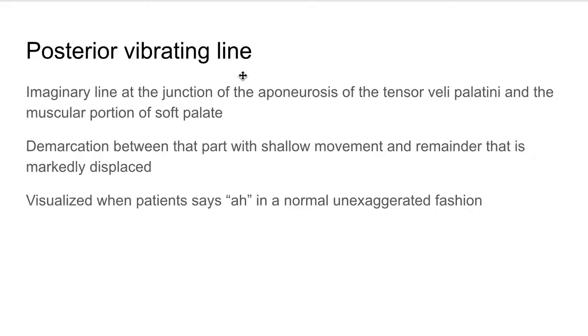The posterior vibrating line is an imaginary line at the junction of the aponeurosis of the tensor veli palatini and the muscular portion of the soft palate. So, in simpler words, it is a demarcation between that part with shallow movement and the remainder that is markedly displaced.